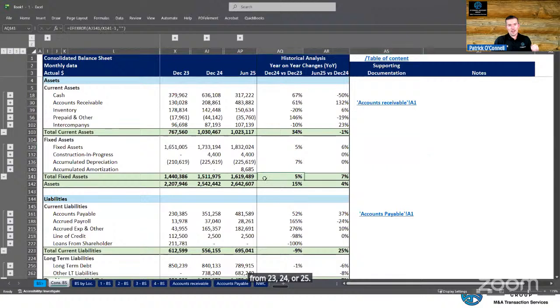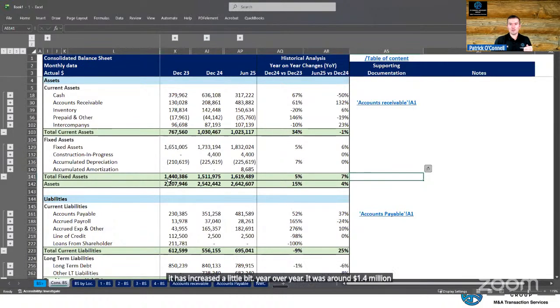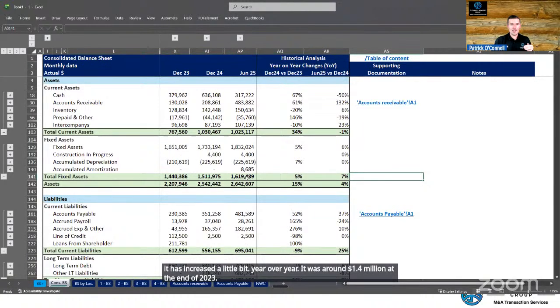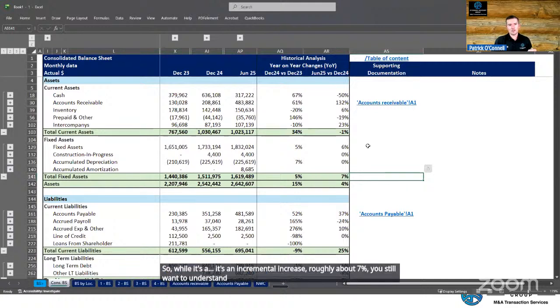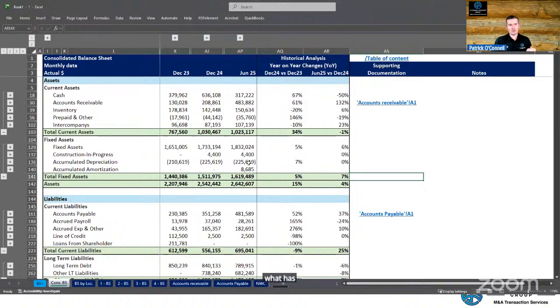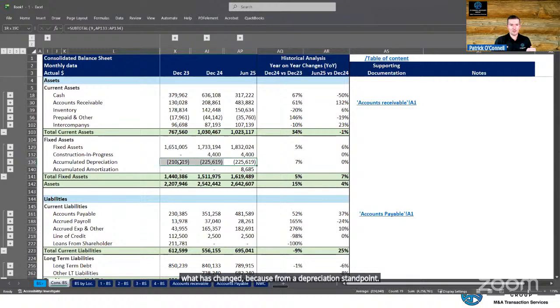So if we take a look at fixed assets, it has increased a little bit year over year. It was around 1.4 million at the end of 2023, and it's increased to 1.6 million as of June 2025. So while it's an incremental increase, roughly about 7%, you still want to understand what has changed because from a depreciation standpoint, it's relatively flat.